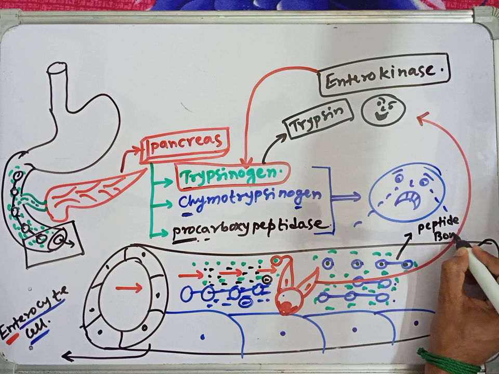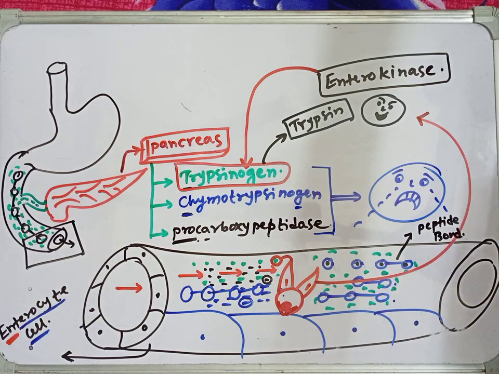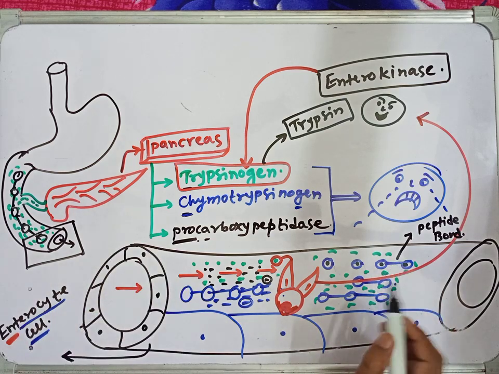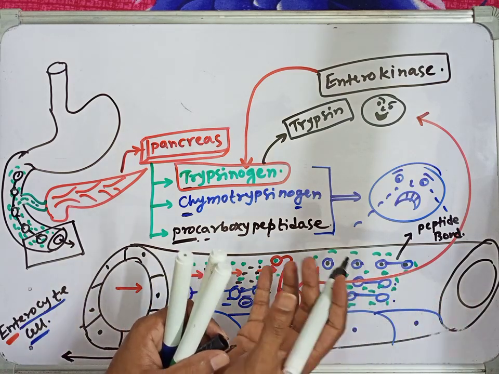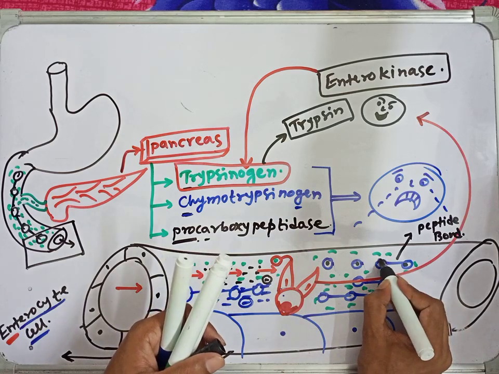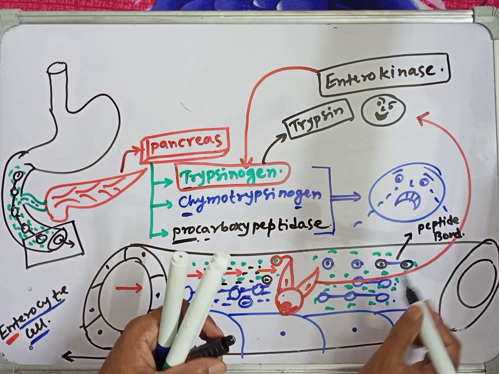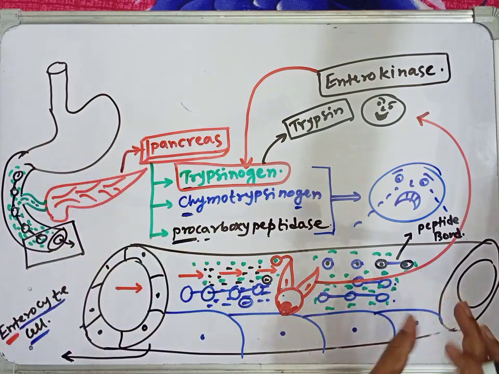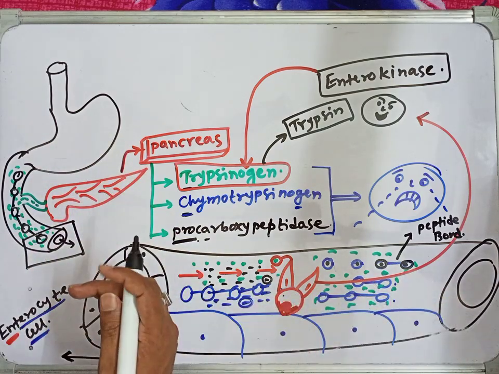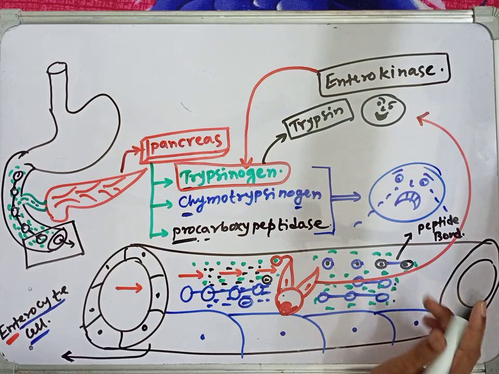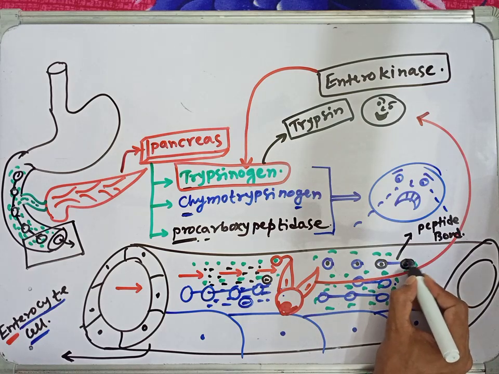Peptide bond, right? And in between carbohydrate units, this bond is called a glycosidic bond, and the unit is obviously a monosaccharide, that means glucose. But here the substrate is protein, and protein makes a bond between amino acids.